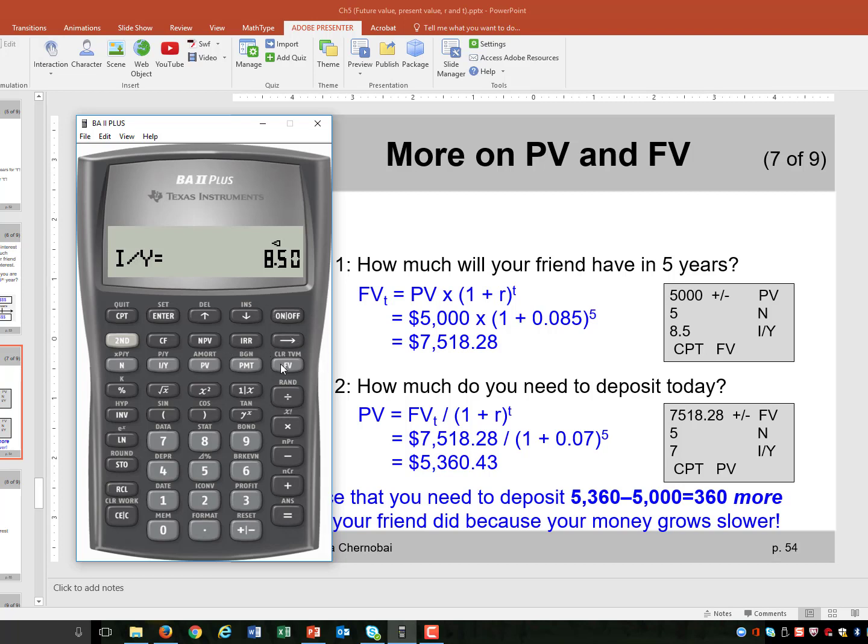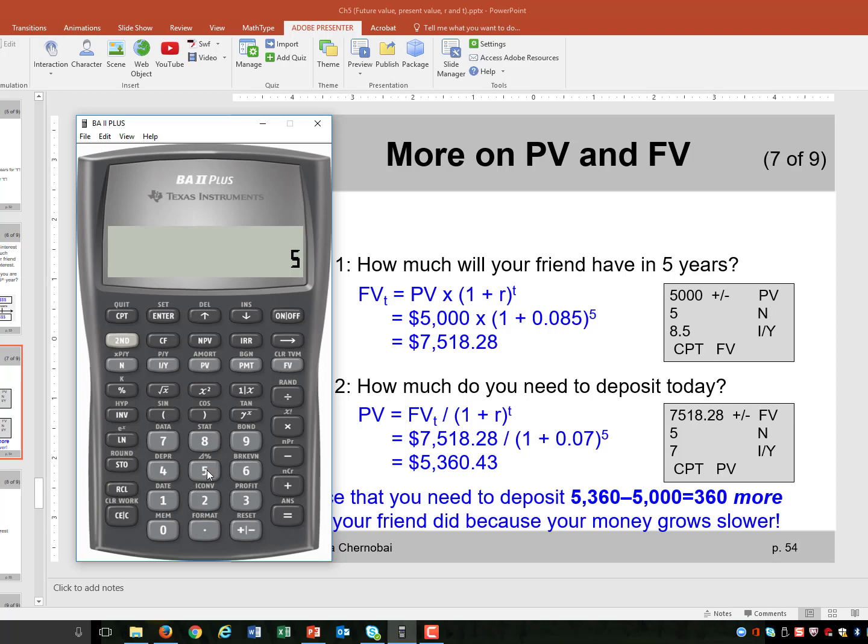How much will your friend have in his account after 5 years. Compute future value, 7,518.28. And then that becomes your future value. So actually, in this particular problem, we don't need to clear and start all over, re-entering this number. You can immediately make it negative and press F5. It will work.